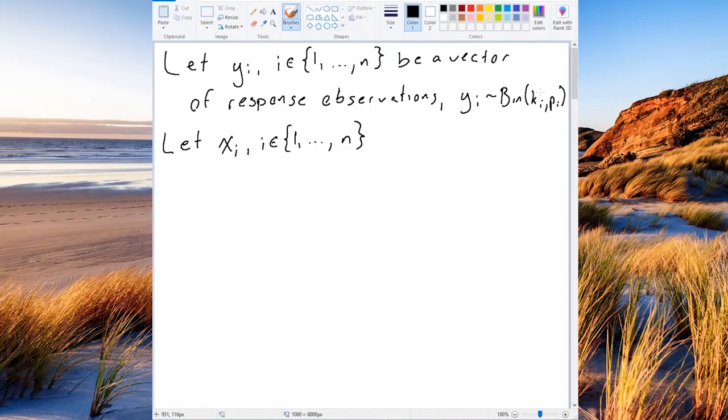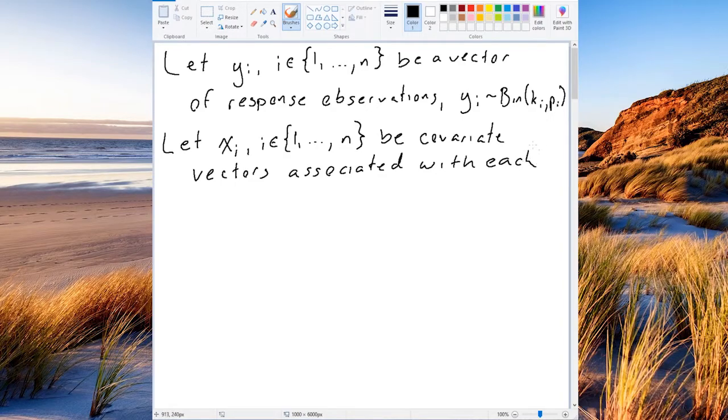I've got n binomial data points with y, and the x_i are going to be covariate vectors associated with each of my binomial response variables.